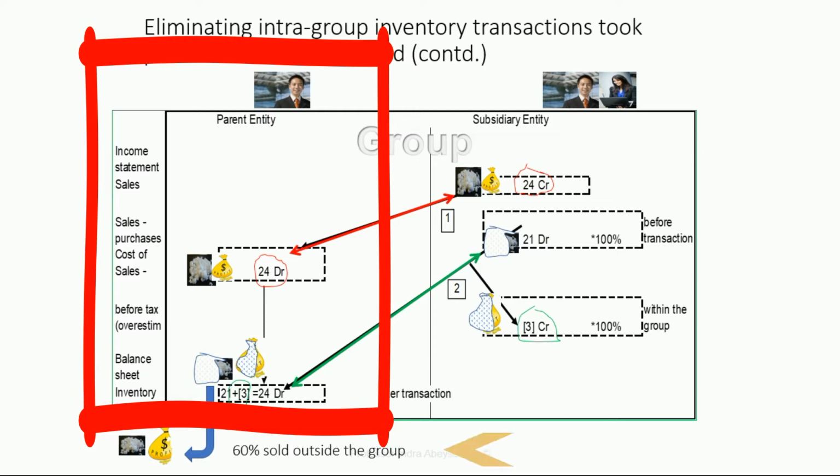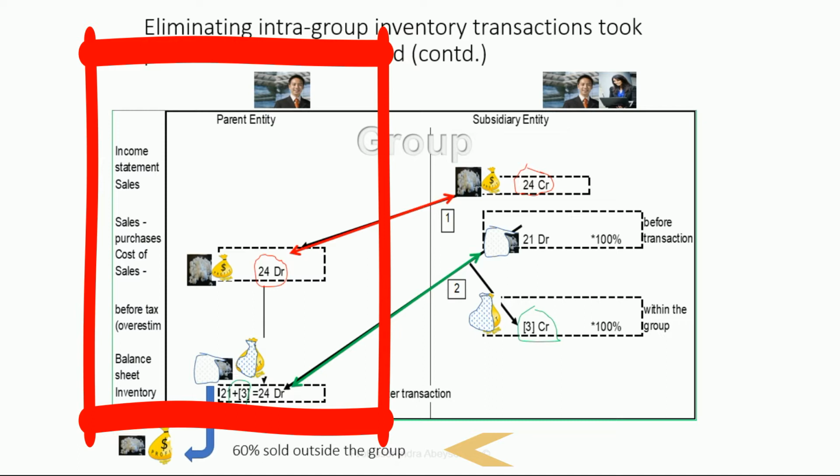But what we know is that 60% of this inventory has been sold outside the group, which means that the group has earned 60% of that unrealized profit and 60% of the overvalued inventory, because unrealized profit is included in the inventory. 60% of the overvalued inventory has also been sold.